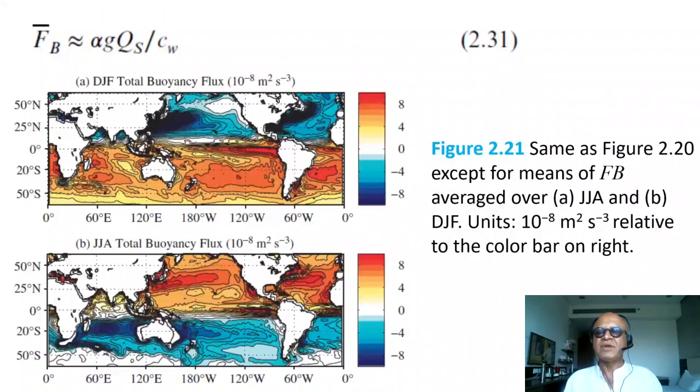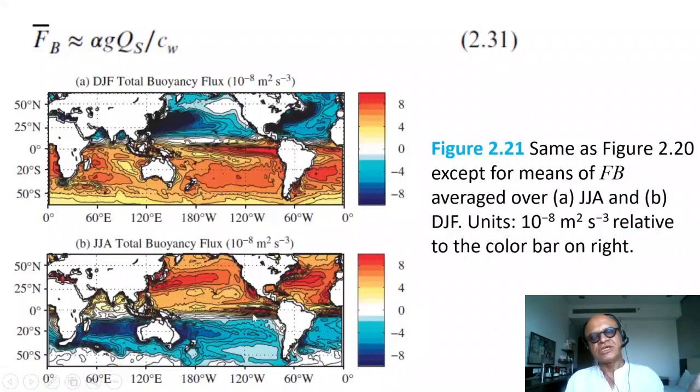This is the same as the previous figure, but here we are averaging over DJF and JJA, and you can just see the hemispheric shifts in the total buoyancy flux, right? The winter hemisphere is losing buoyancy and the summer hemisphere is gaining buoyancy, except these deep tropical regions where upwelling is creating buoyancy basically throughout the year.